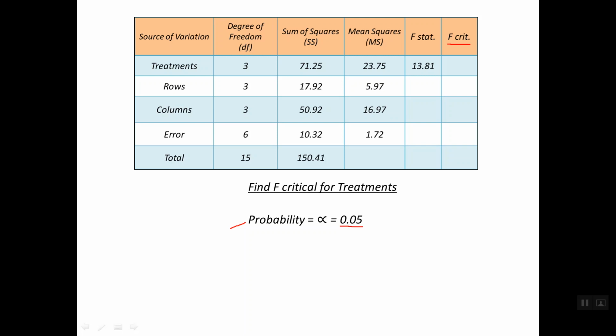And we also need two values for the degrees of freedom. The first one is called the degree of freedom in the numerator, which is simply the degree of freedom for the treatments, which is 3. And the second is called the degree of freedom in the denominator, which is simply the degree of freedom for the error, which is equal to 6.